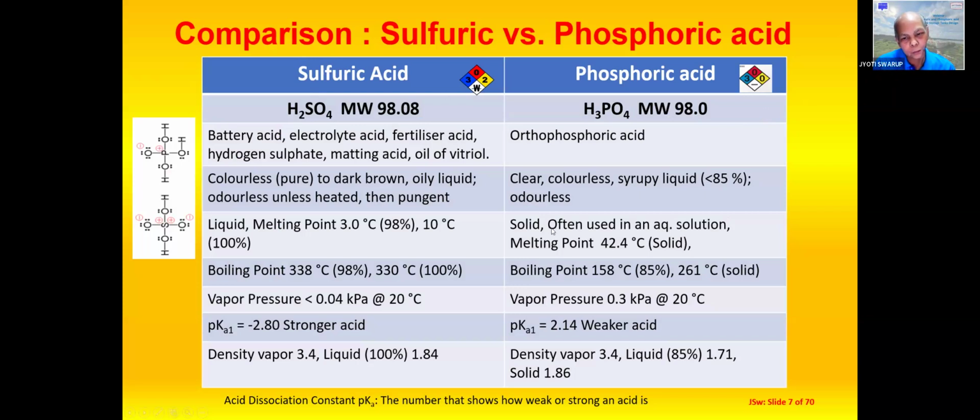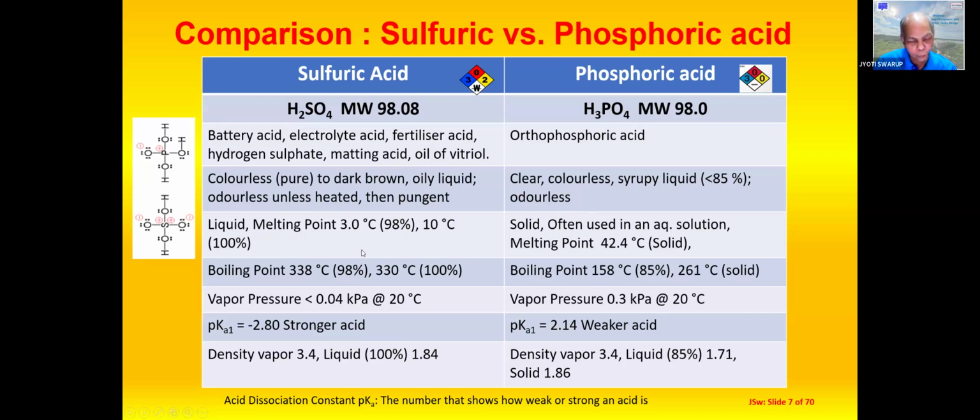Sulfuric acid is called battery acid, electrolyte acid, fertilizer acid, hydrogen sulfate, etc., while phosphoric acid is also called orthophosphoric acid. Sulfuric acid is a colorless to dark brown, oily liquid, odorless unless heated, then pungent. Phosphoric acid is a clear, colorless, syrupy liquid, odorless.